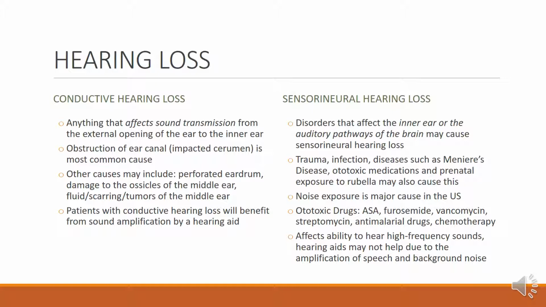Some ototoxic drugs that commonly can lead to sensorineural hearing loss are aspirin, furosemide or Lasix, vancomycin, streptomycin, anti-malarial drugs, and chemotherapy. This affects the ability for them to hear high frequency sounds, meaning that hearing aids may not be able to help with this.